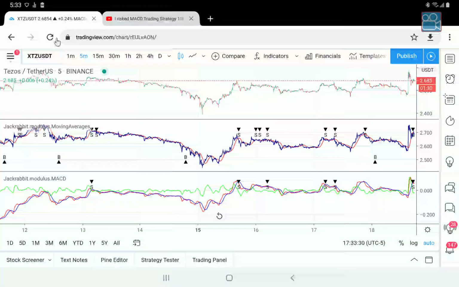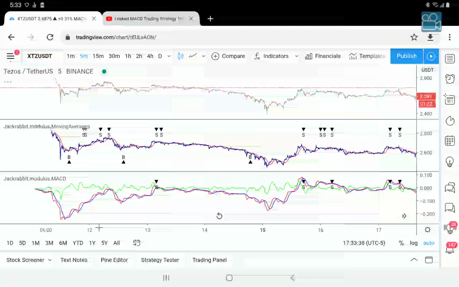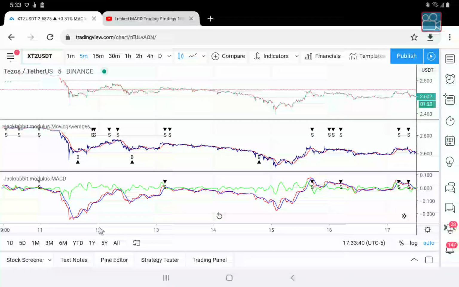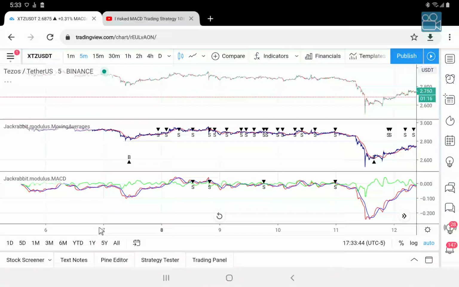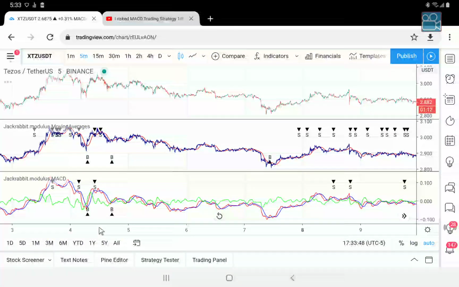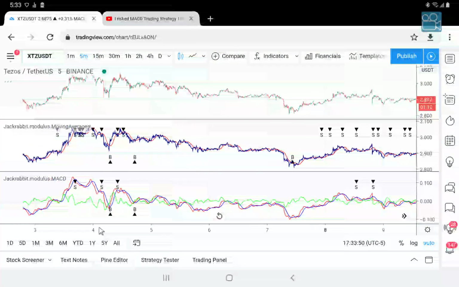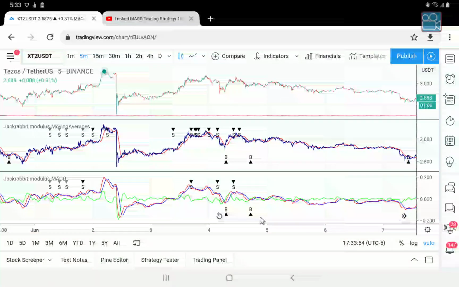Here, this coin had no activity whatsoever. Very slow coin altogether. In fact, the last confirmed purchase of this coin was right here. June 4th.